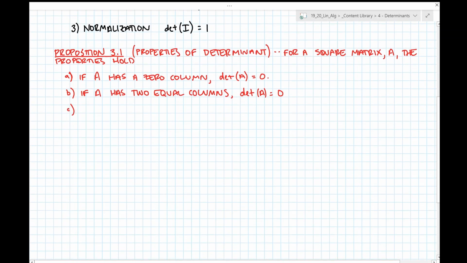3, or C: if one column of A is a multiple of another, then I bet you can guess that the determinant of A is 0.